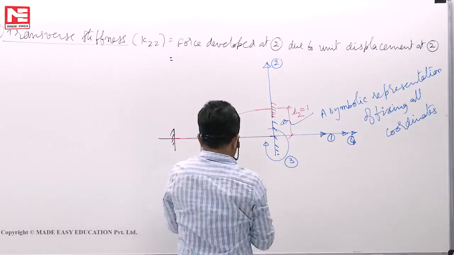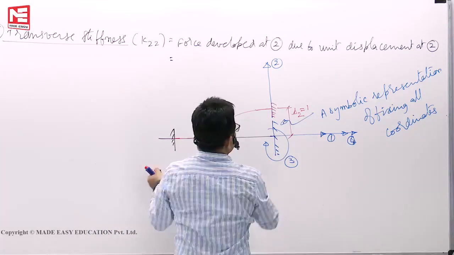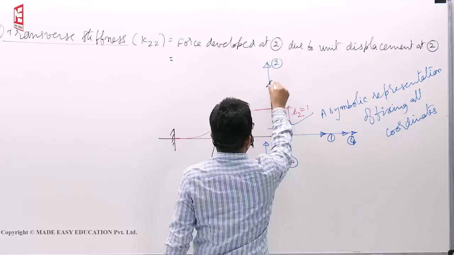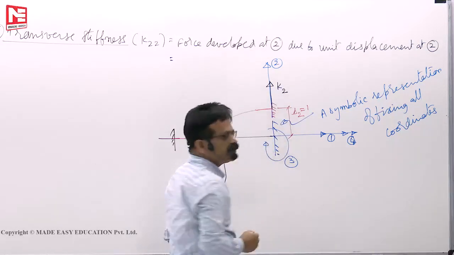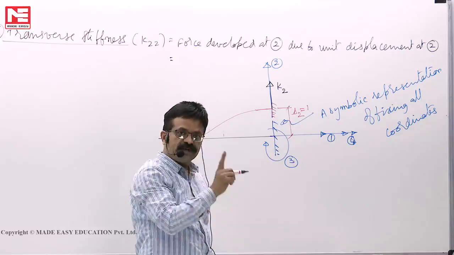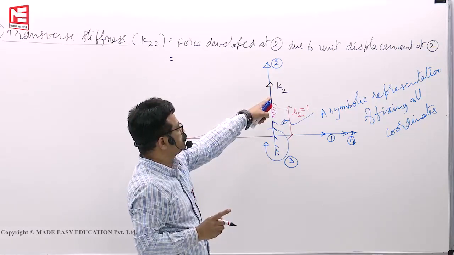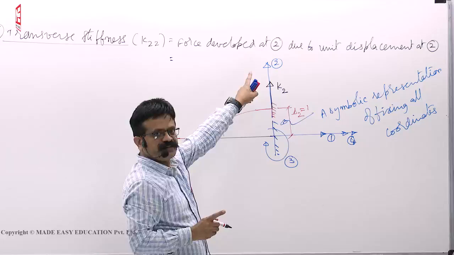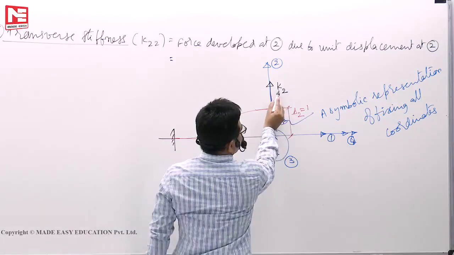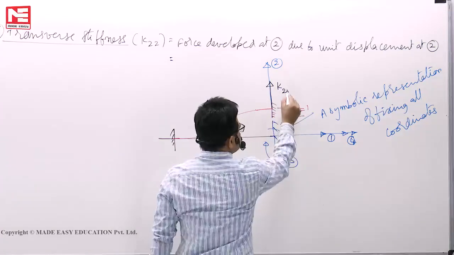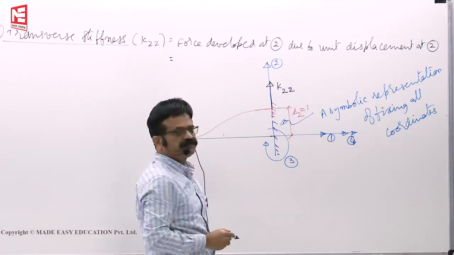So, to produce this displacement, you require a force at coordinate 2 direction. Then where is the displacement? At 2 only. So force at 2 because of the displacement also at 2.